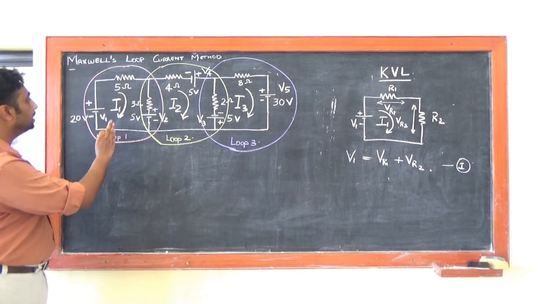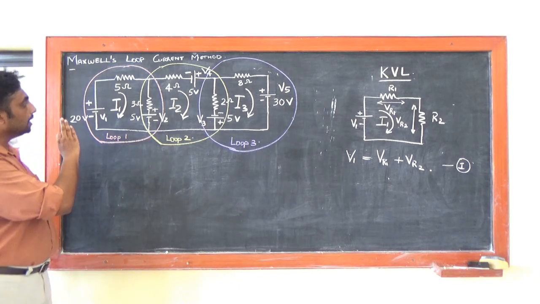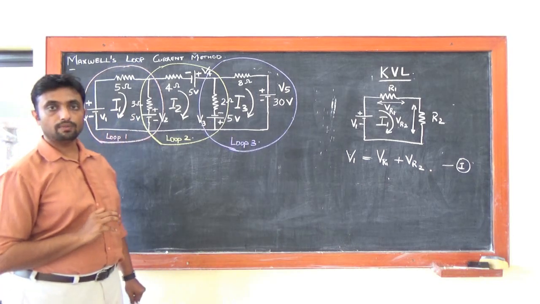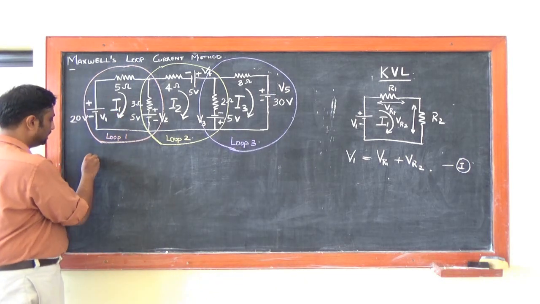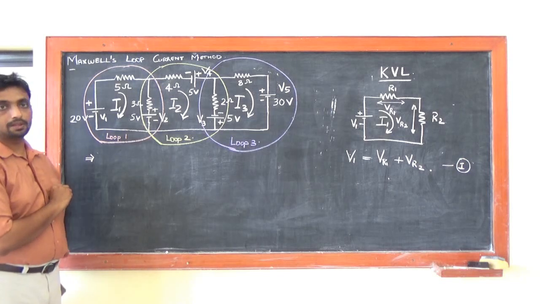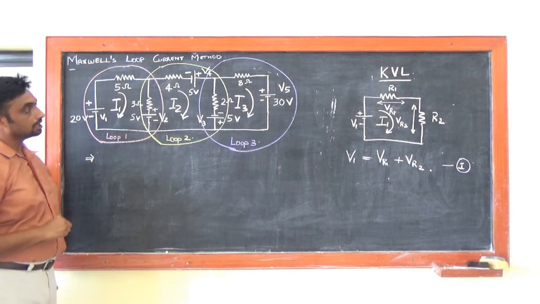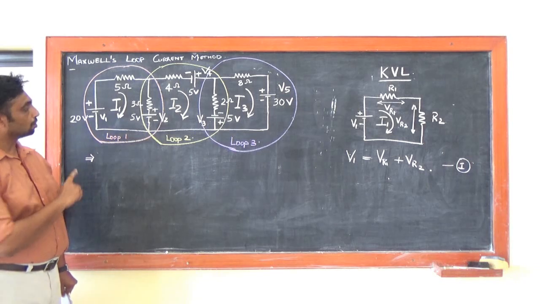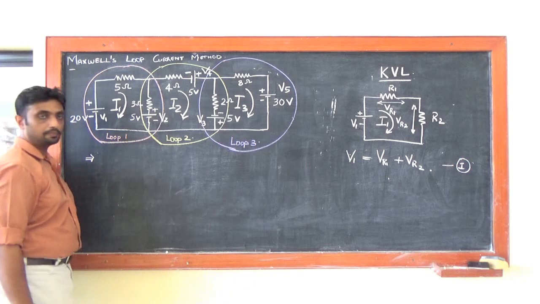I'm assuming them in clockwise direction. So this is the first assumption that has to be done. Before we start Maxwell's loop current method, assume all the current directions, draw the loops, and label them loop 1, loop 2 and loop 3.